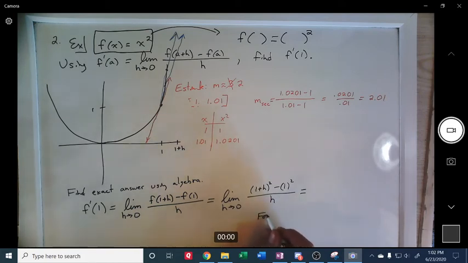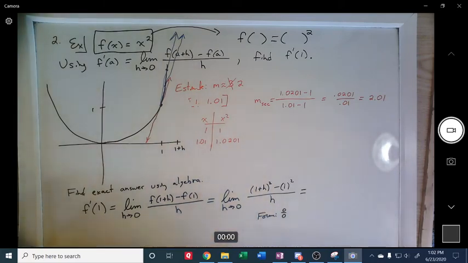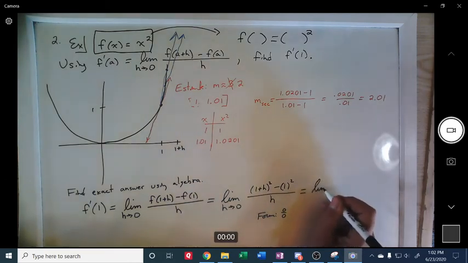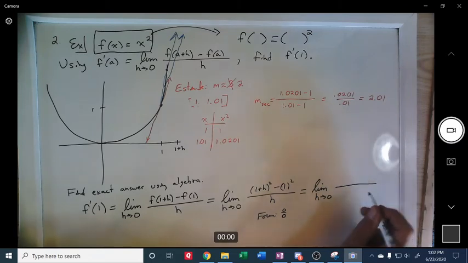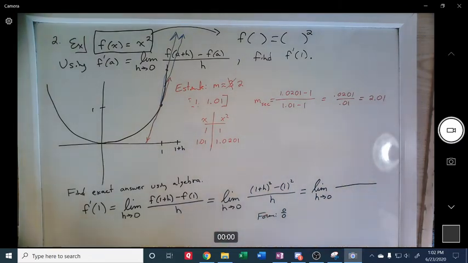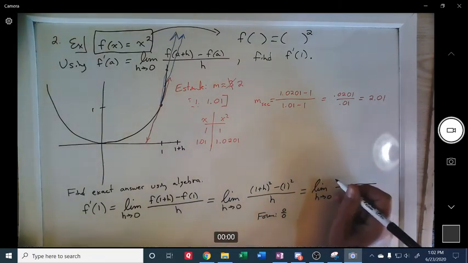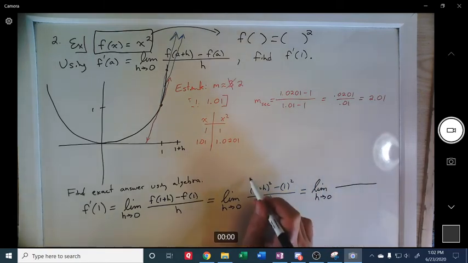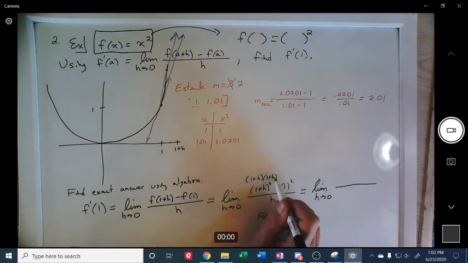So its form, remember when we did this? We always write out the form. And the way we had to proceed was use algebraic reduction till we can get rid of that h in the denominator. This becomes, now 1 plus h squared is 1 plus h times 1 plus h.